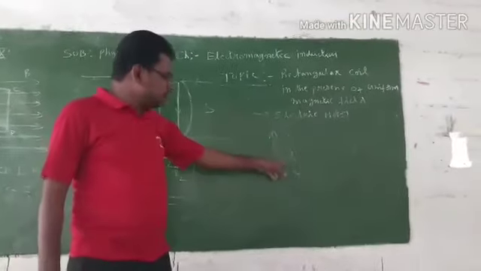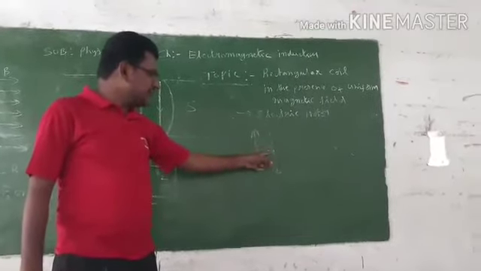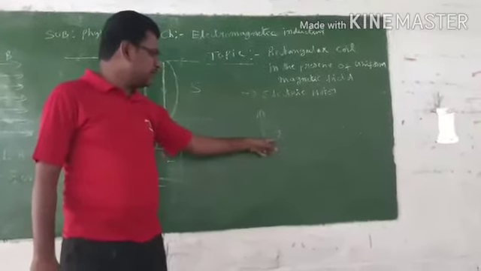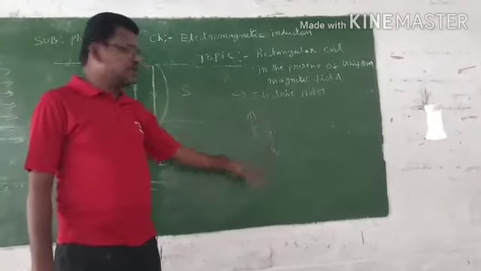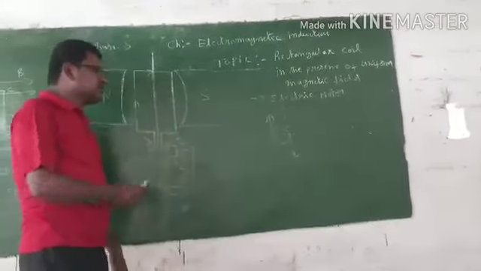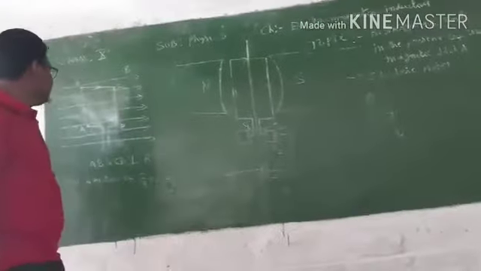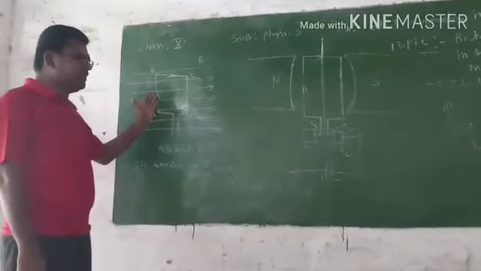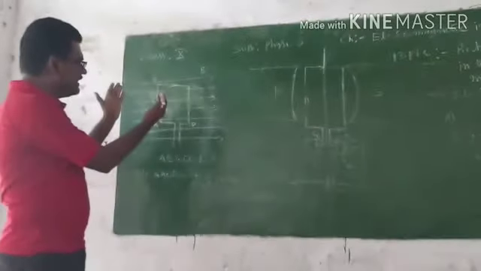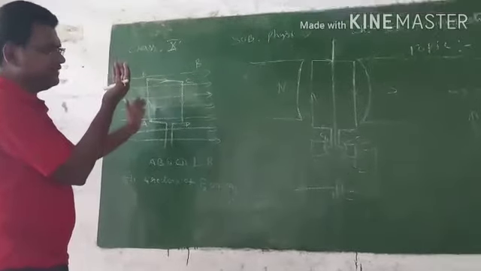So these two forces can rotate the cap of a bottle. These two forces can rotate the coil. So here also, in the same way, one force is acting into the plane and another force is acting out of the plane.